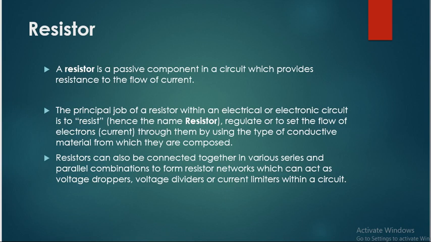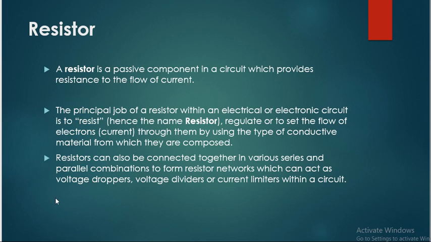Its main job is to regulate or set the flow of electrons, that is, to regulate the flow of current through them by using the type of conductive material from which they are composed. Why is there a need to control the flow? Because we do not want our devices to explode or something to happen to them. So this is the reason we always use these things.